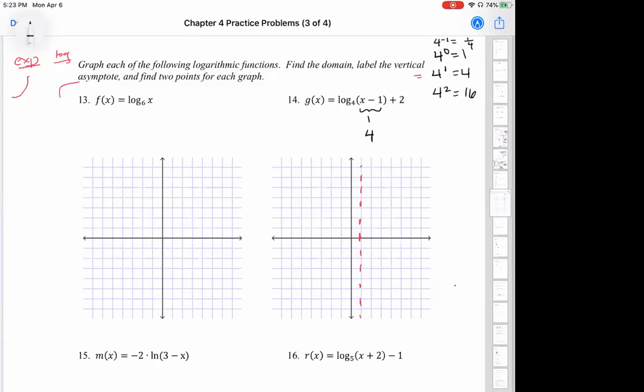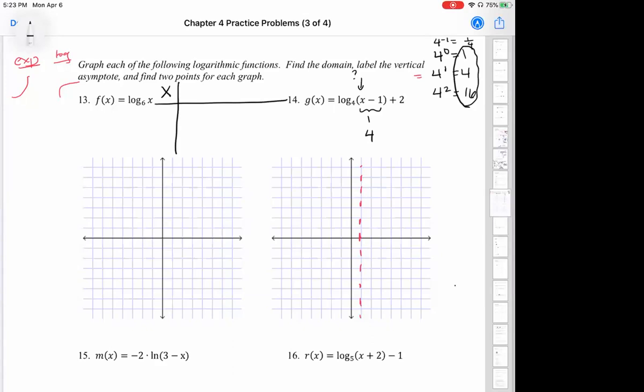Okay, let's do our chart, keeping that in mind. What should I make x be so that we get a number like this? 16 might be too big, but you can even test 16 if you want more points, just to verify.